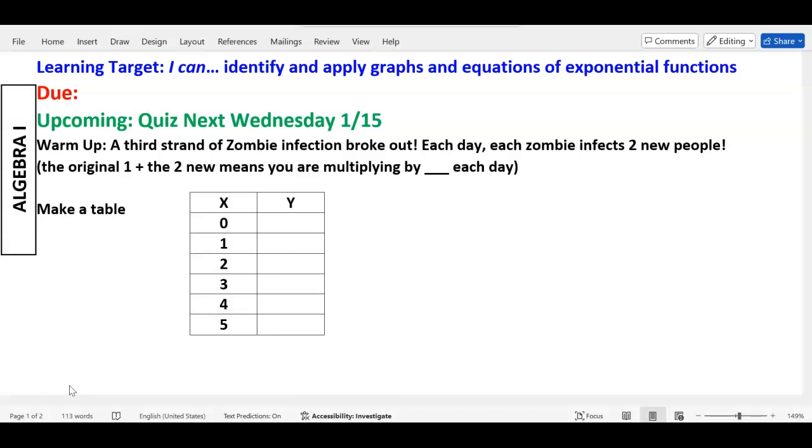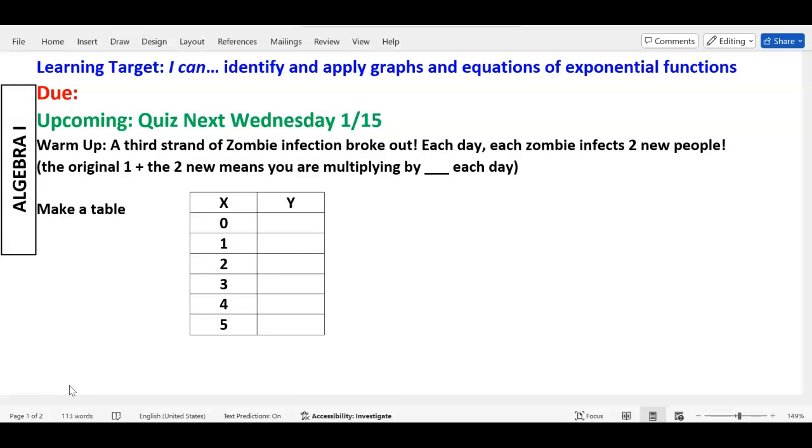Okay, so this strand is a little bit different. This is a third strand of zombie infection, and each day one zombie infects 2 new zombies, makes 2 new zombies, right?